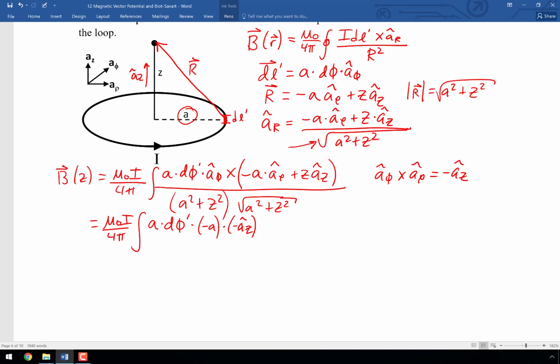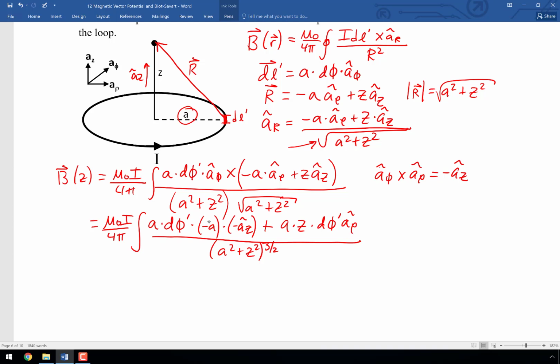Then we're going to end up with another expression, which is going to be a sub phi crossed with a sub z. Well, a sub phi crossed with a sub z is going to give me positive a sub rho. So this is plus a times z times d phi prime times a sub rho, and this is all divided by a squared plus z squared to the 3/2 power.